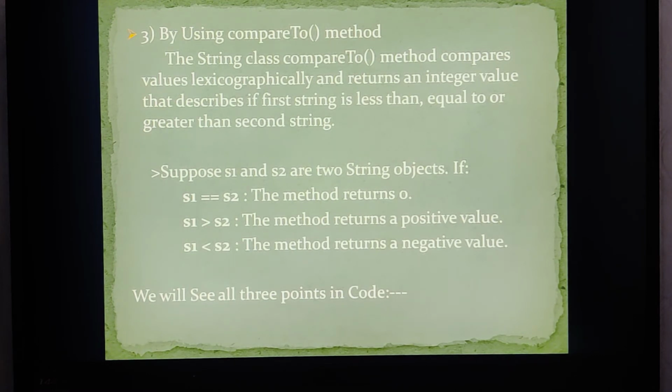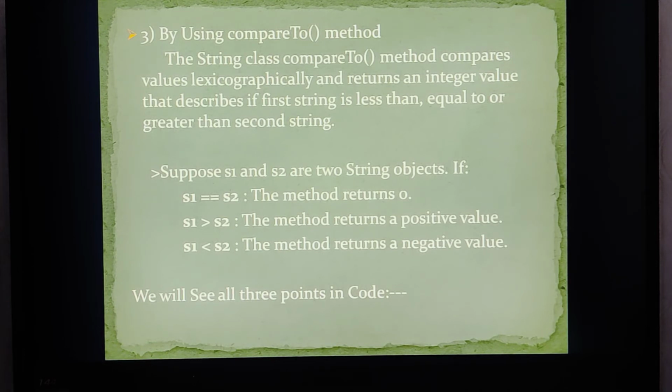I will show you that in the code, don't worry. Now we are going to case 3, using the compareTo method. The String class compareTo method compares values lexicographically and returns an integer value that describes whether the first string is less than, equal to, or greater than the second string.